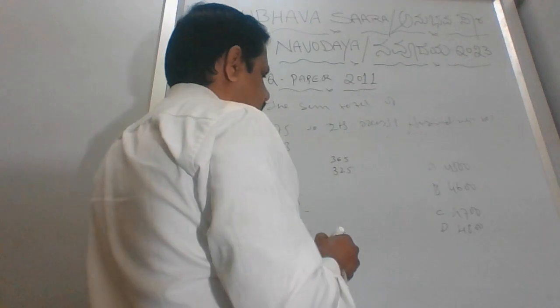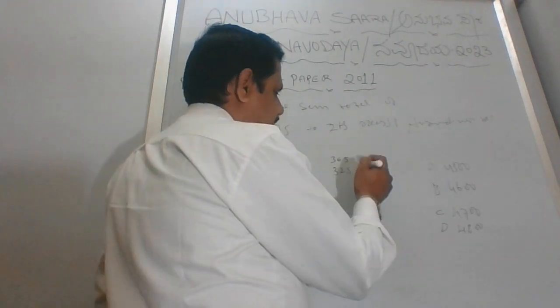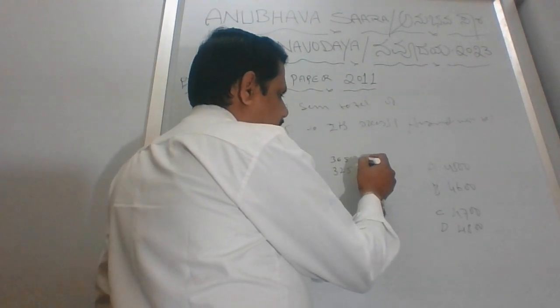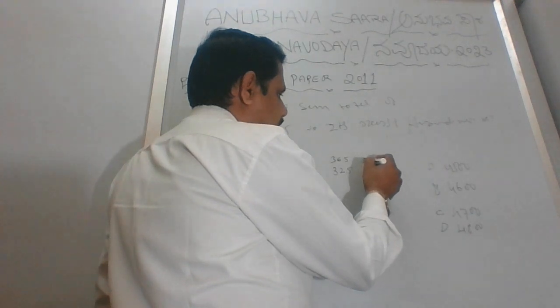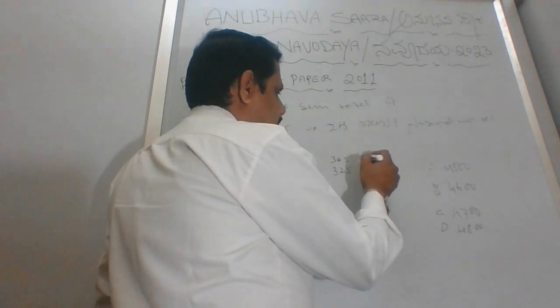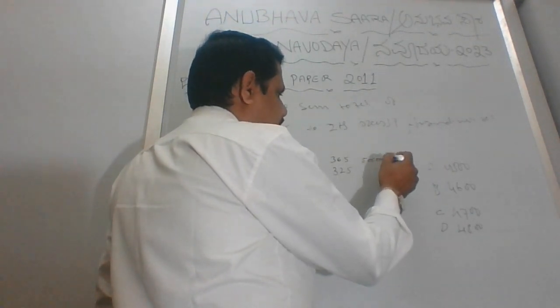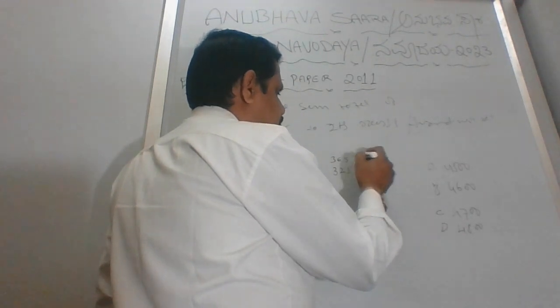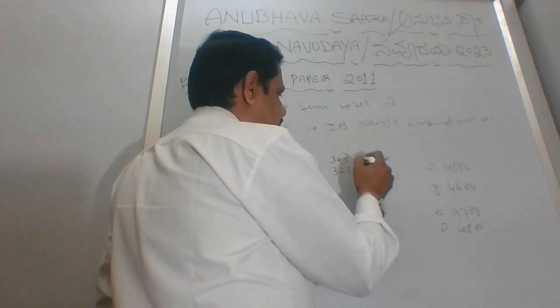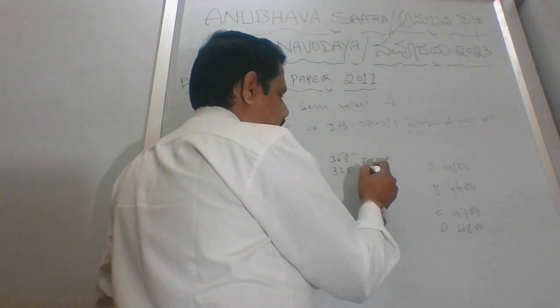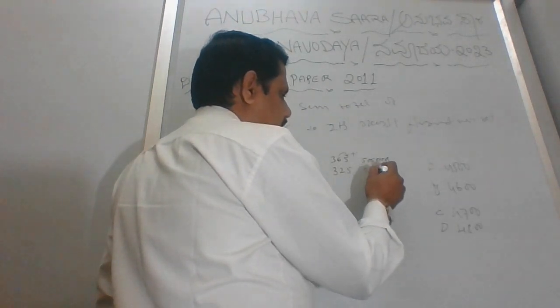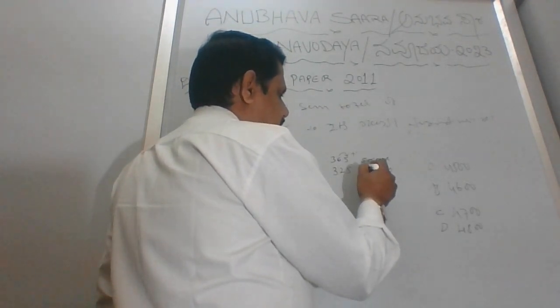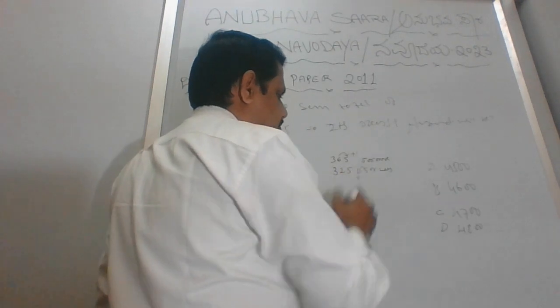For the nearest 10, if the digit is 5 or more, it goes to the next number, you have to add 1. If it is less than 5, it becomes 0.